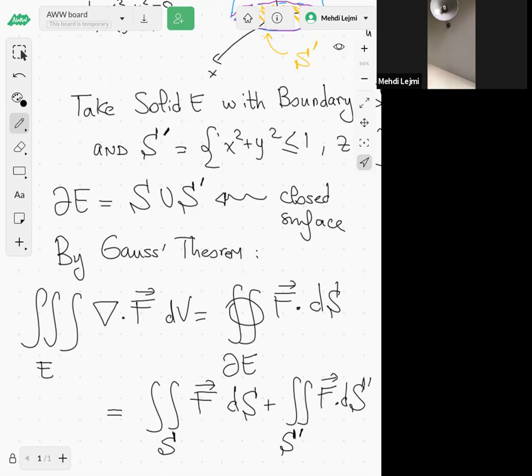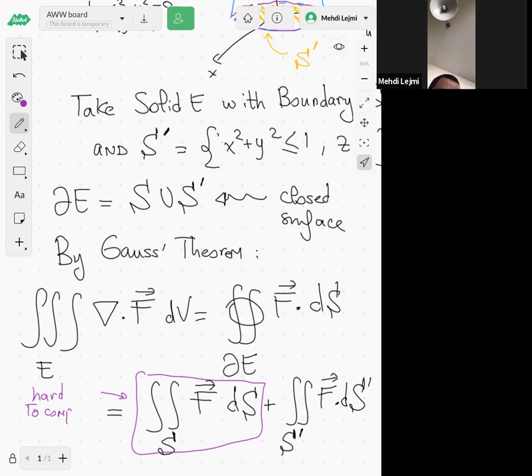And remember, guys, our goal was to compute this integral, the flux of F across the surface S. And we said this is hard to compute, right? This one here is really hard.